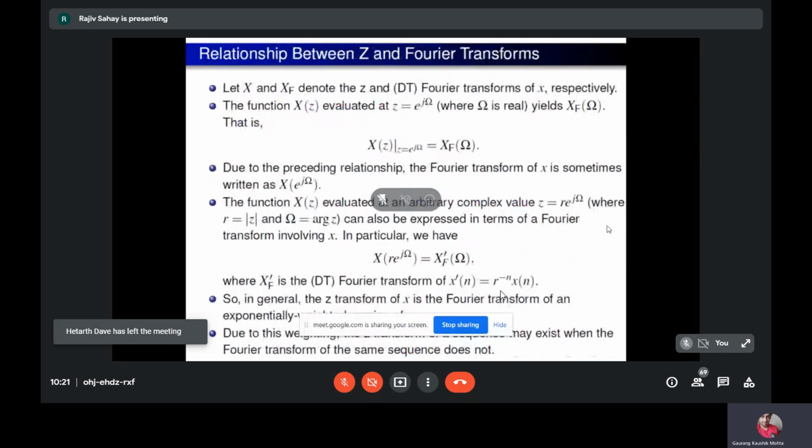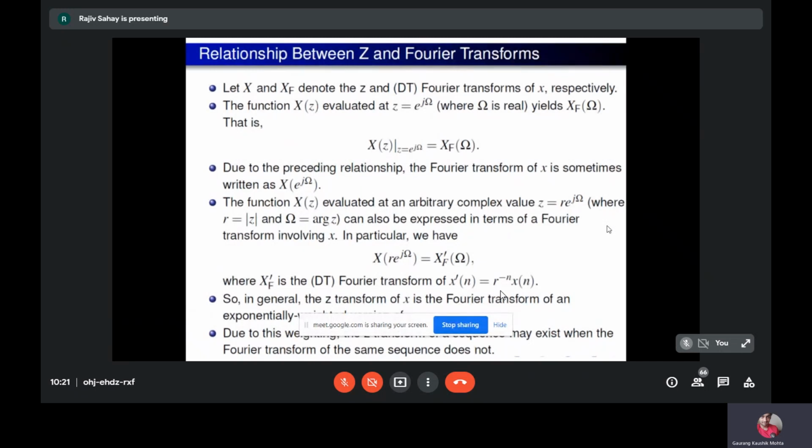So last class we had covered this slide, right? Where I was talking about the relation between the Z transform and the Fourier transform. So we said that Z is a complex quantity, and it is actually a complex exponential. The general form is Z equal to R into e to the power j omega.